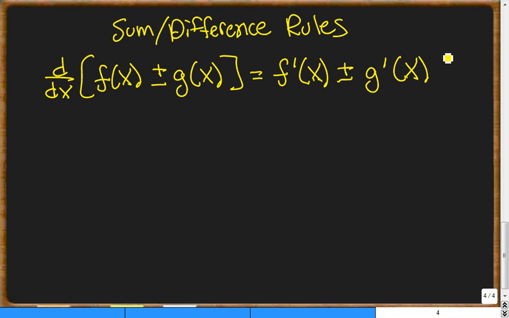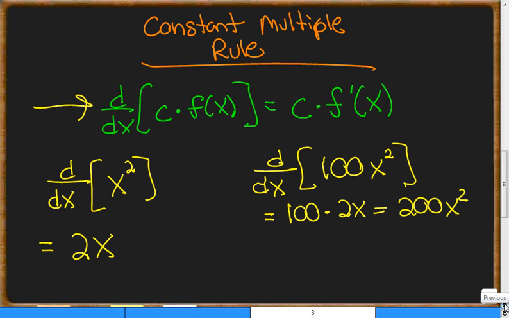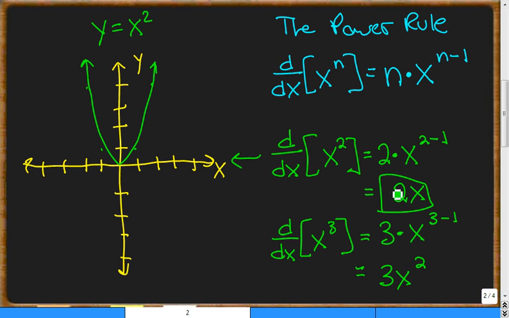So you don't have to consider everything together. We can consider them separately. So quick example here. If this was x squared plus x cubed, we've done this two slides ago. The derivative of x squared is 2x, and the derivative of x cubed is 3x squared.